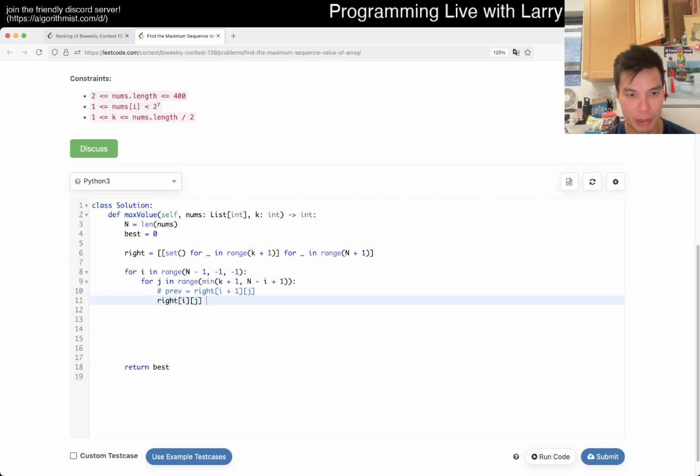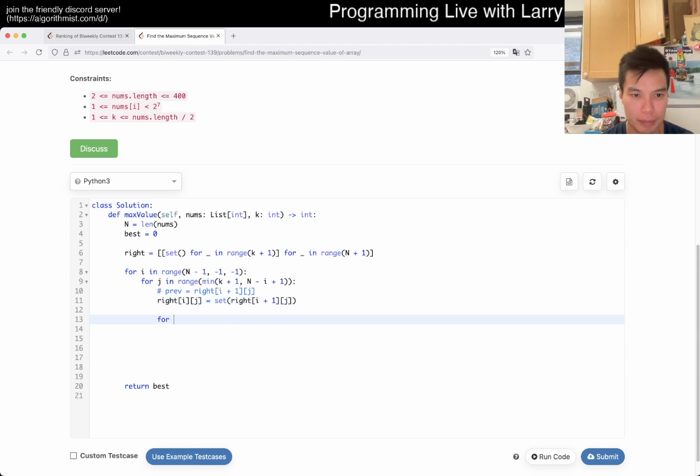How do I make a copy of a thing? Like I want this. Okay, so maybe I just do this then apparently. And then now for tick, right?